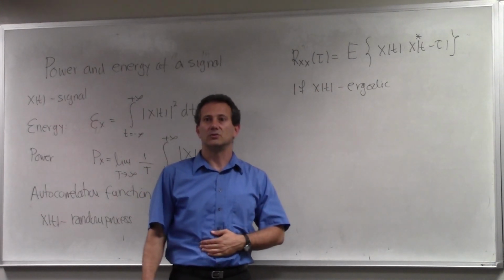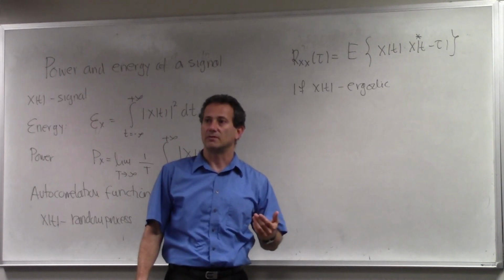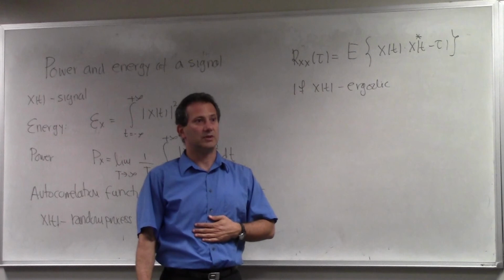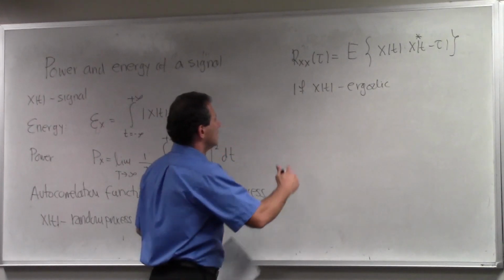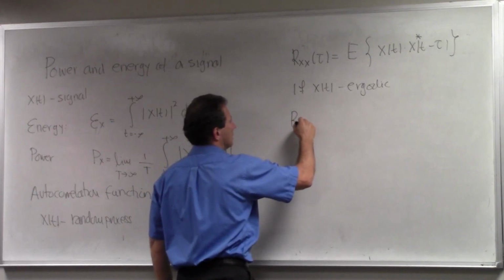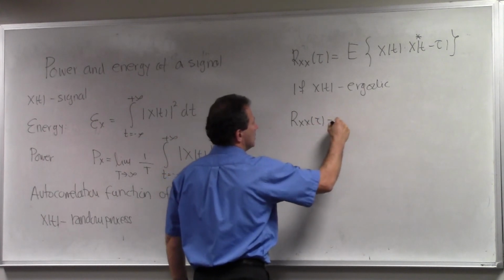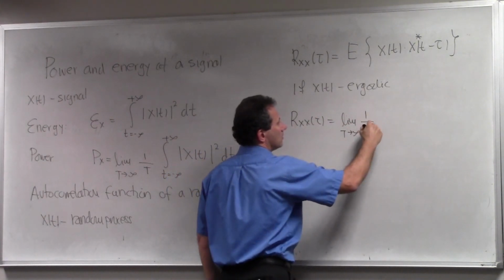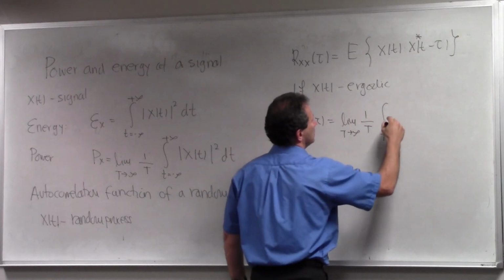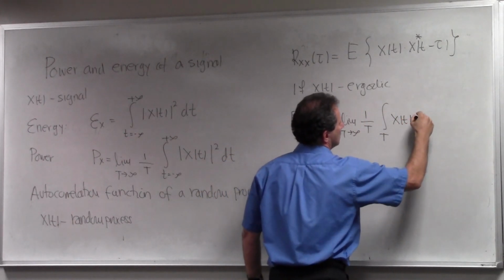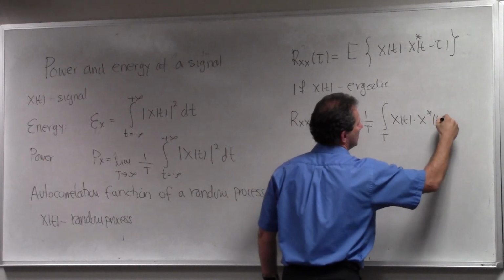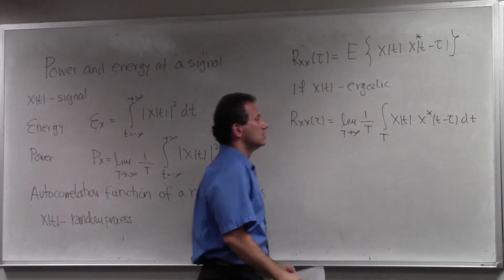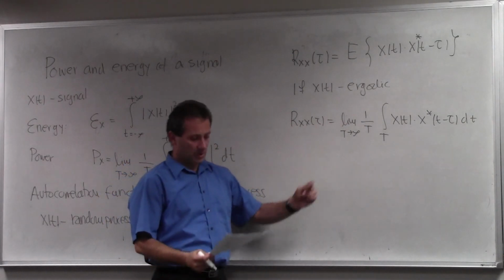What that allows us to do is to estimate what the autocorrelation function looks like just by using one realization of that particular process. In that case, Rxx of tau can be estimated as the limit when T goes to infinity of 1 over T, integral over T, of x of t times the complex conjugate of x of t minus tau dt. Right? So it's easy to understand what it is that you're doing.